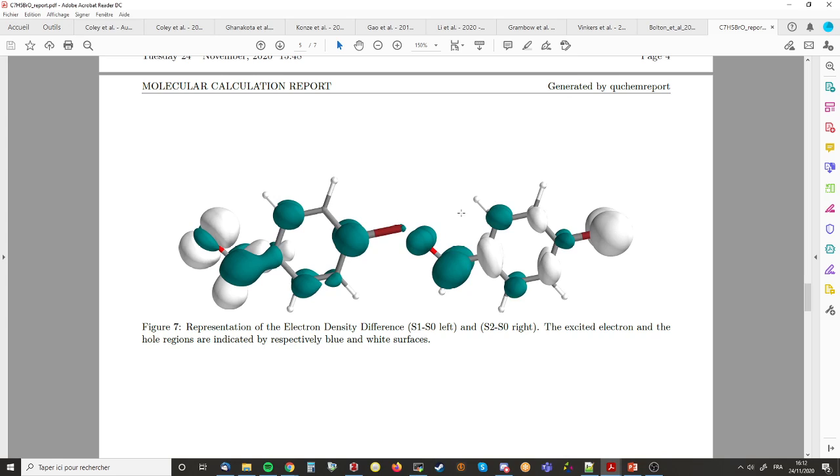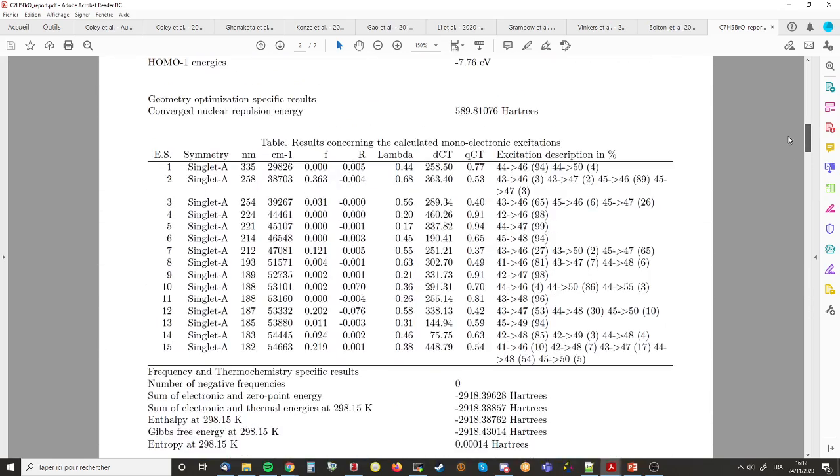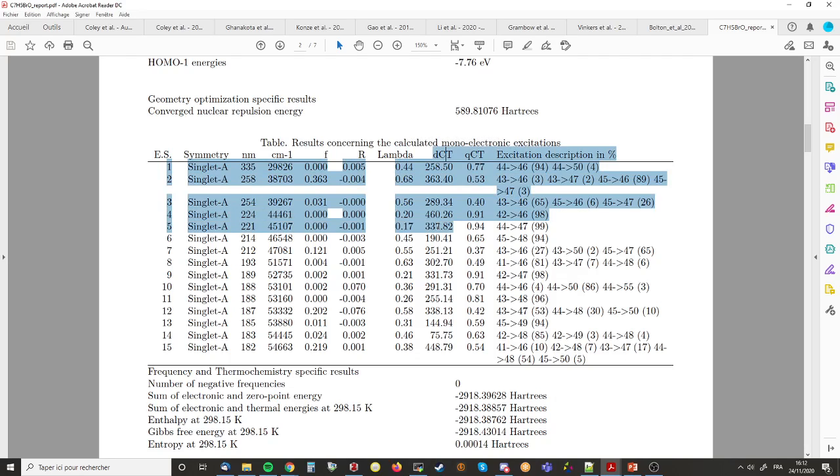This transition is absorbing. You have the details in the table. For example, here you have the lambda. The lambda is the quantity of overlap between the initial wave function and the end wave function. The dCT and qCT are the distance of charge transfer, and the quantity of charge transfer.